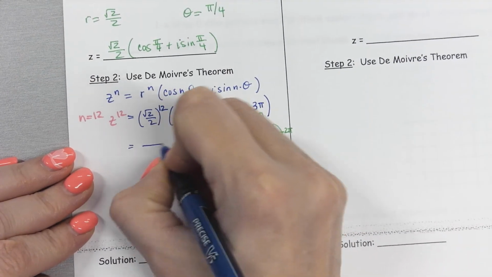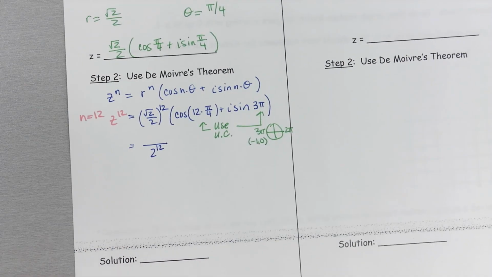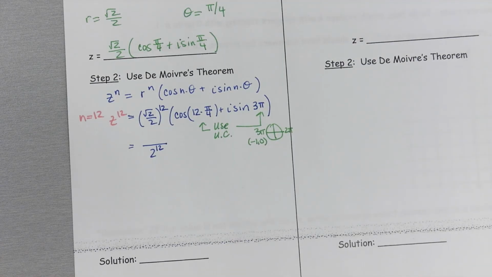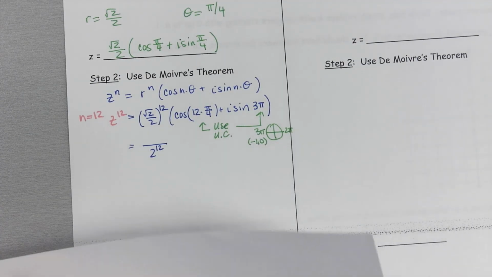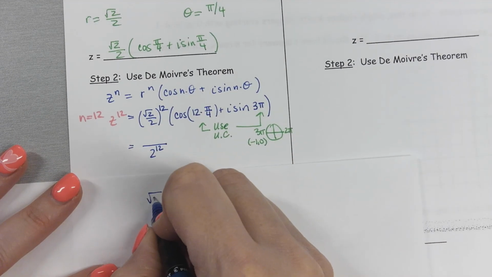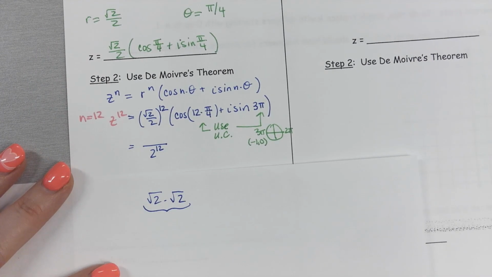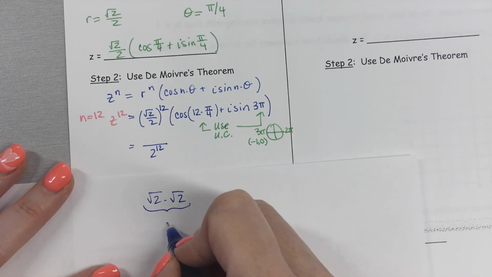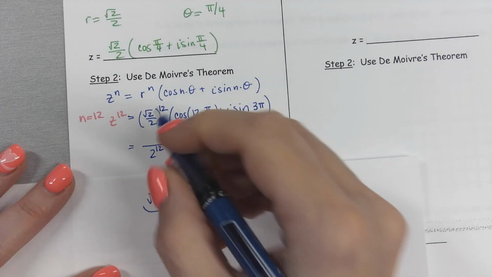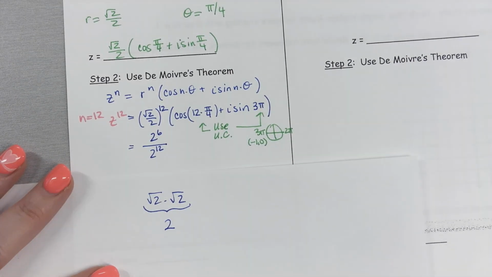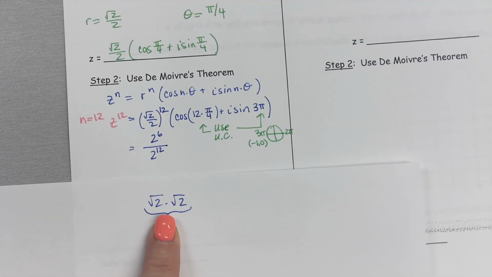Okay, so I said we were doing this without our calculator. So when you're doing that, you have 2 to the 12th on the bottom. If you do root 2 to the 12th, okay, think about what happens. You have root 2 times root 2, that's going to happen 12 times. But what's root 2 times root 2? 2. So how many 2's do you have? 6. Okay, because there's going to be a pair.